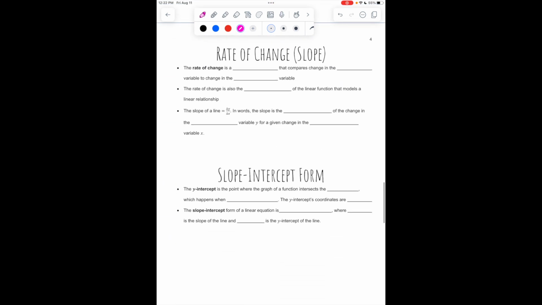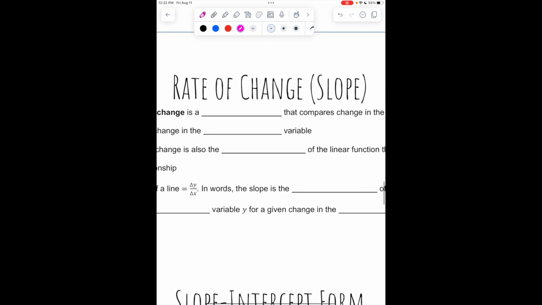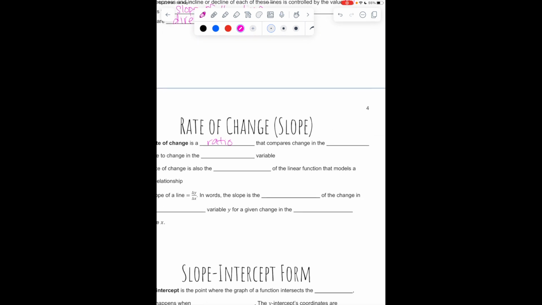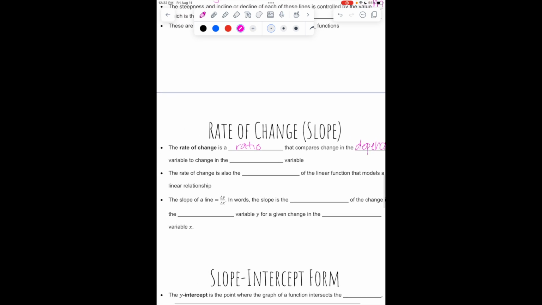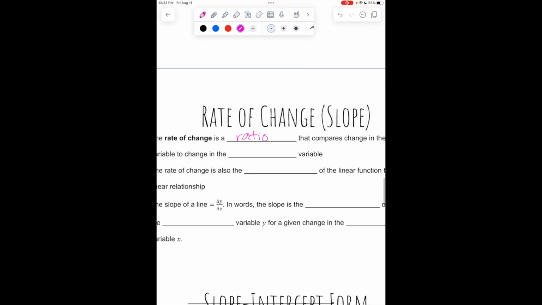All right, next up are some specifics about equations. So we have rate of change or slope and our slope-intercept form. So the rate of change is a ratio that compares the change in the dependent variable to the change in the independent variable.